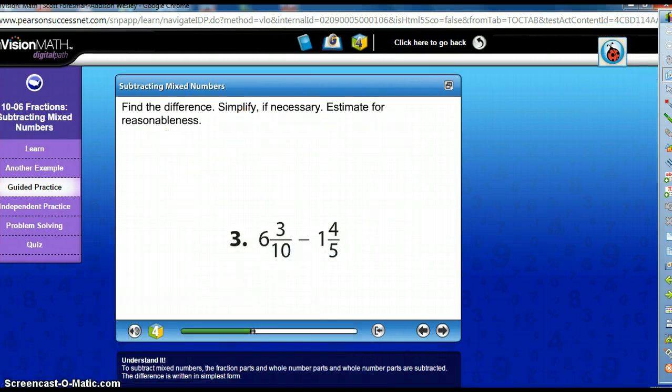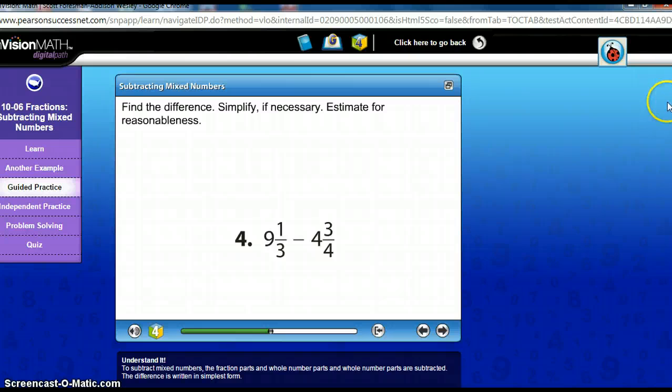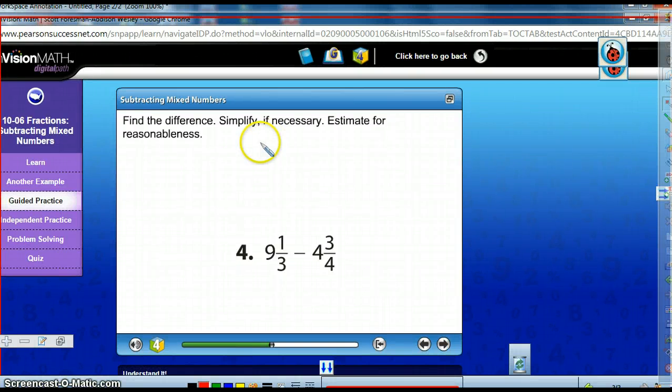Let's do one more together. All right. 9 and 1/3 minus 4 and 3/4. What's our least common denominator going to be, Lawson? 12.